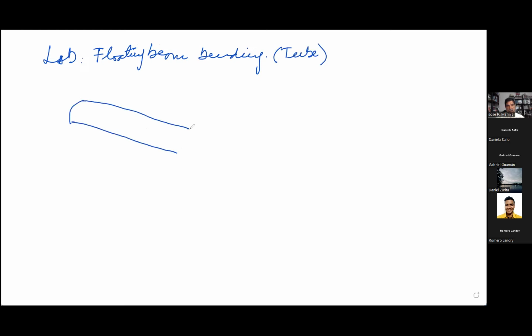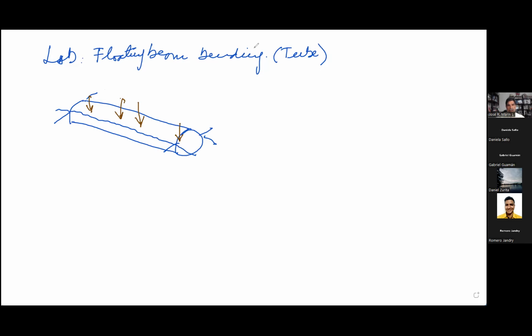We have a tube, and it's going to be floating. What we do is we apply four loads: two forces in the central area, and two others, more or less like this.